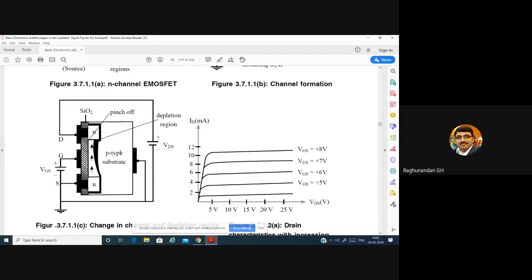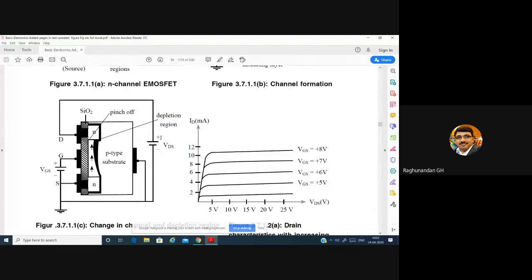See, when the P substrate is connected to this terminal, so ground, you always remember one thing: when you connect one terminal to a particular voltage supply, then automatically the other terminal, whether you are connecting it to the ground or to the positive or negative terminal of the battery, if it is grounded, it will be working like opposite polarity only.